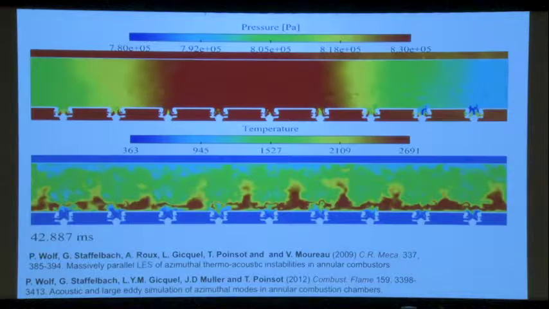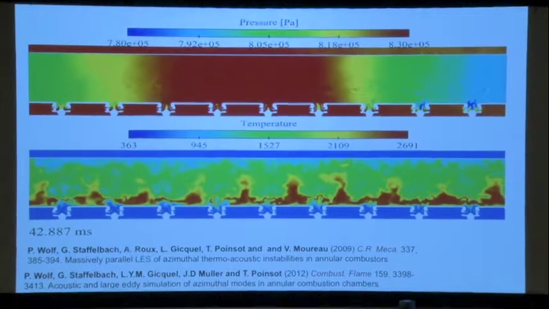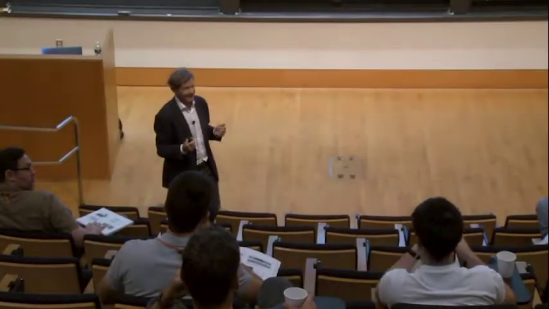So there are many papers in this. Yeah, so that's very nice. You see here already calculations which represent completely the combustor and the oscillations.